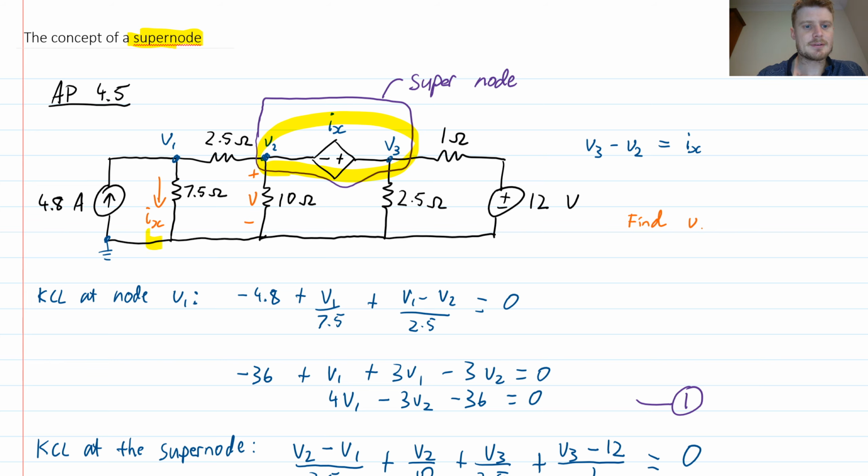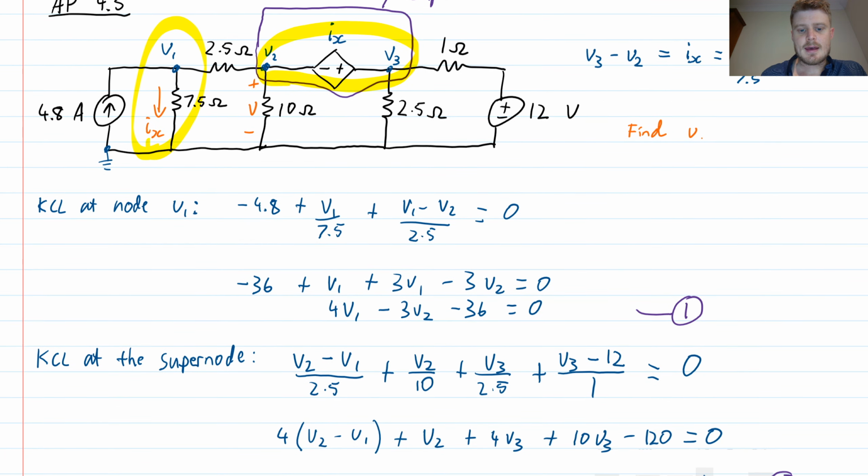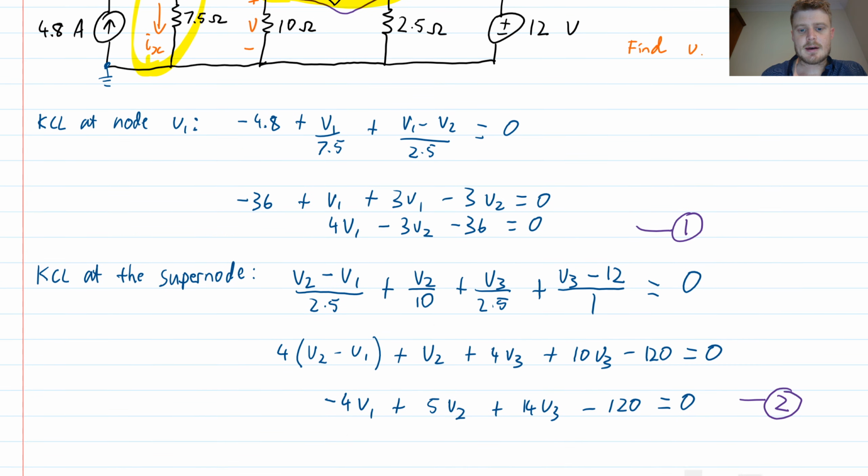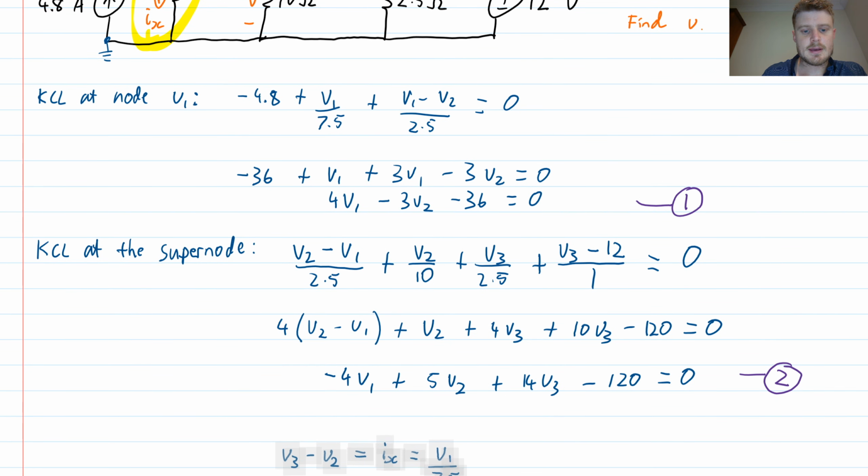In turn, I can look at what's the definition of Ix, and by Ohm's law, I can read off that that is simply V1 divided by 7.5. So I have now a third equation which I can use to analyze my system. So I'm just going to bring that one down, and I will call it equation number 3.